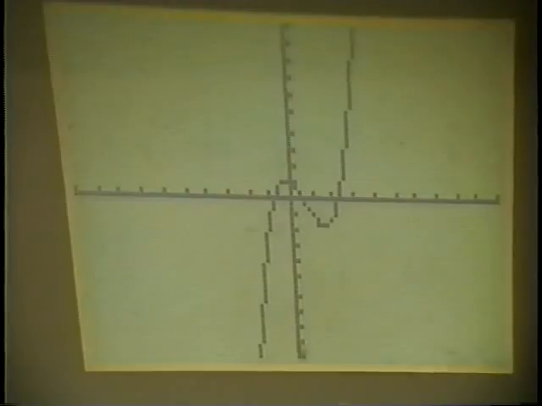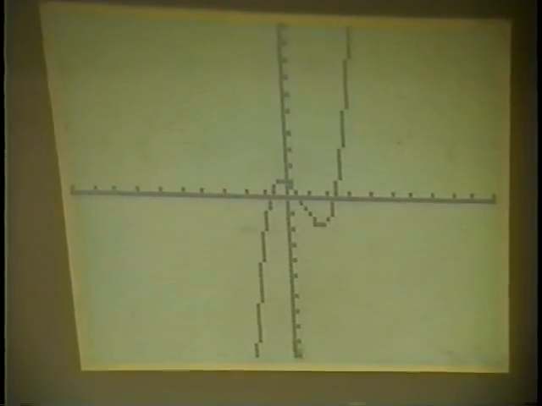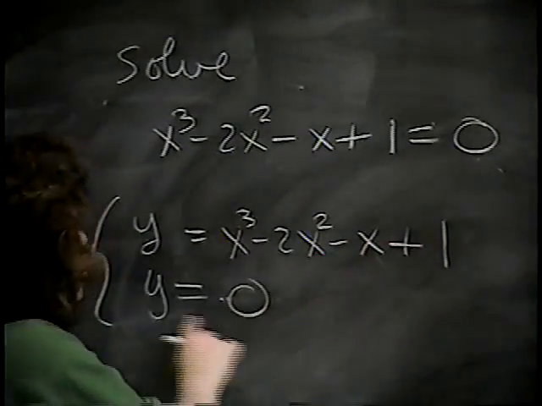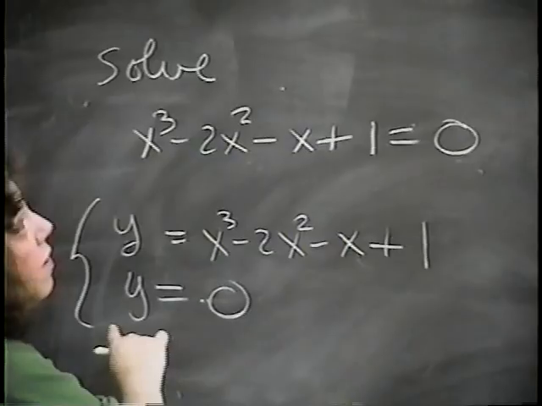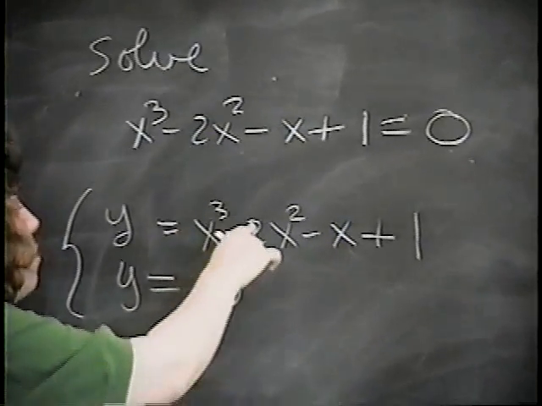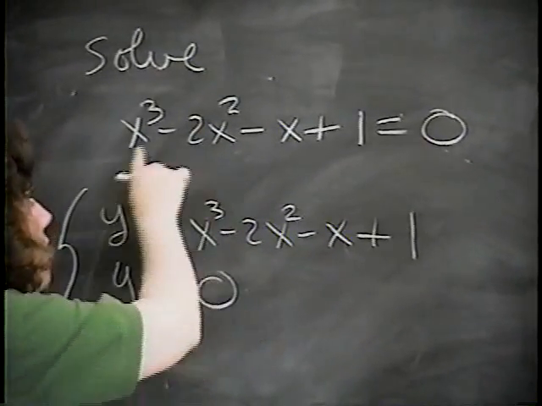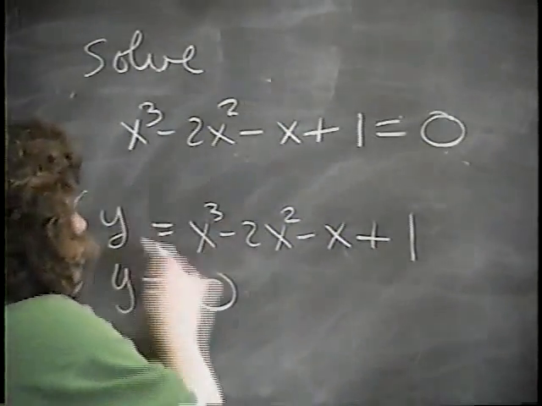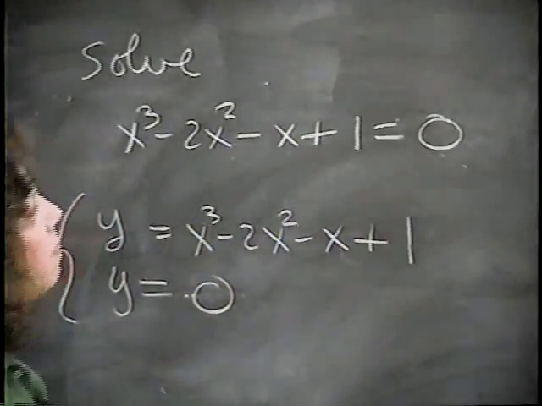I want to find out where this curve crosses the x-axis. If I am solving simultaneously the equation of this curve and the equation of the x-axis, I'm going to find out where this curve crosses the x-axis. The roots of this equation correspond to the x-intercepts for this graph.